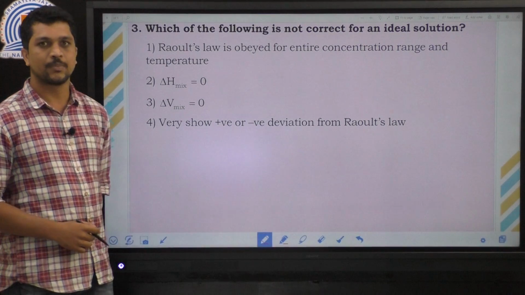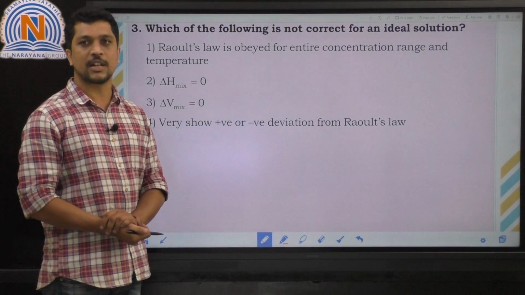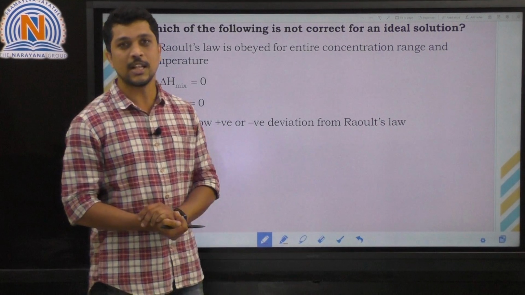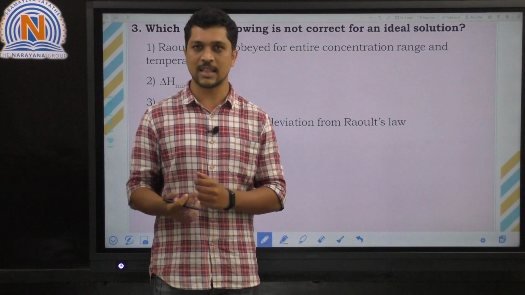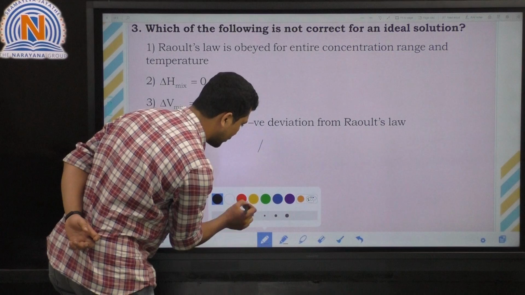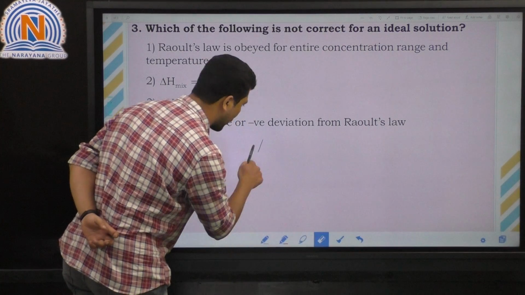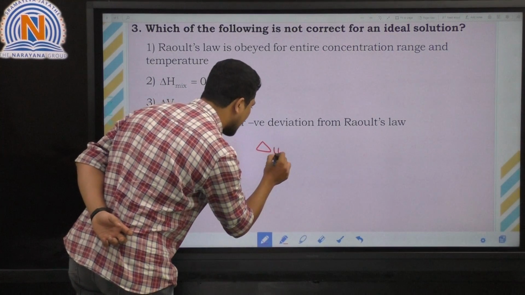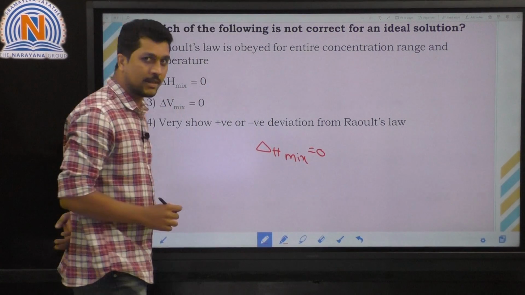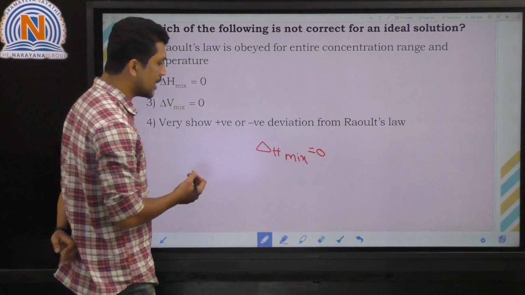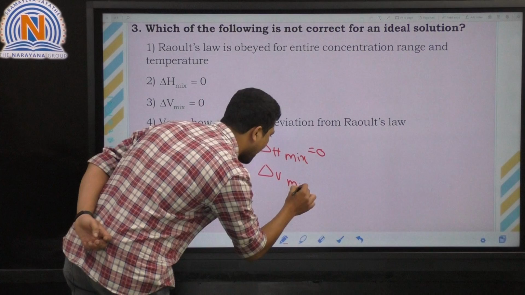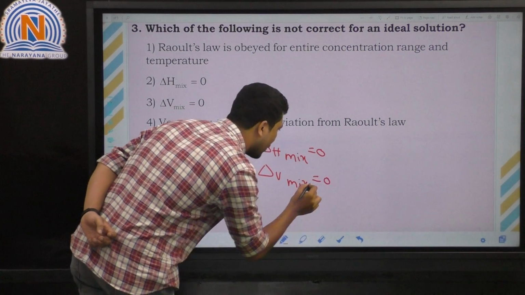Here the third question. Which of the following is not correct for an ideal solution? Just now we have discussed, for an ideal solution the change in enthalpy of mixing, delta H mix, is equal to 0, and change in volume, delta V mix, is also 0.